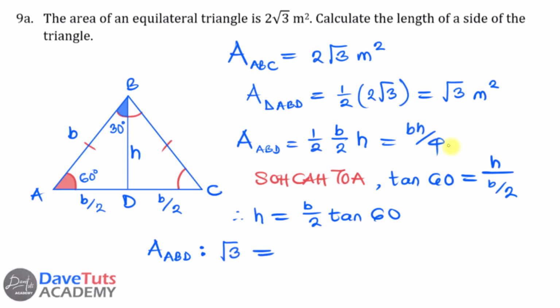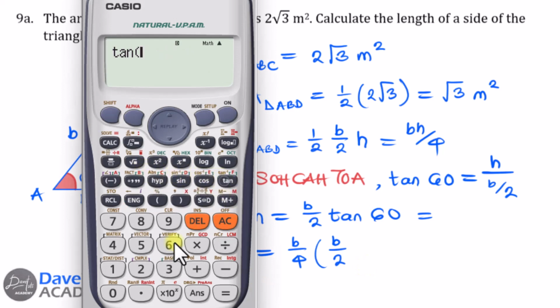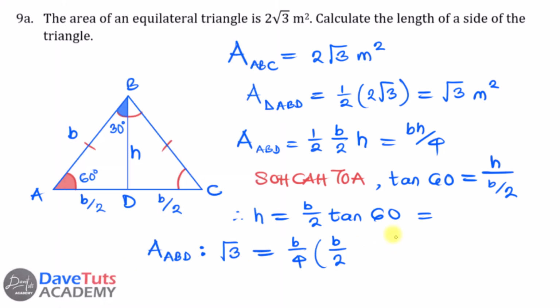Let me write b over 4 straight. Now what is h? I'm saying h is b over 2 tan 60. So what is tan 60? Tan 60 is root 3. Good and fine. So I have b over 4, and h is now b over 2 tan 60, and that tan 60 is root 3.